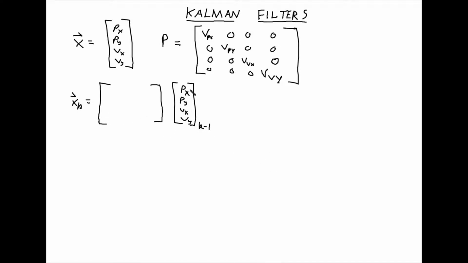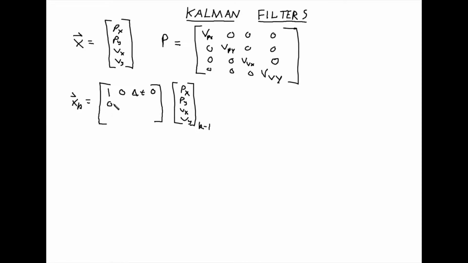And how can we figure out what goes in here? Well, we can think, okay, our position in the x direction is going to be our initial position plus velocity times some delta t, right? And same thing for y. So if I multiply it by a matrix that looks like this, then that should give me my new position x estimate at the next time.